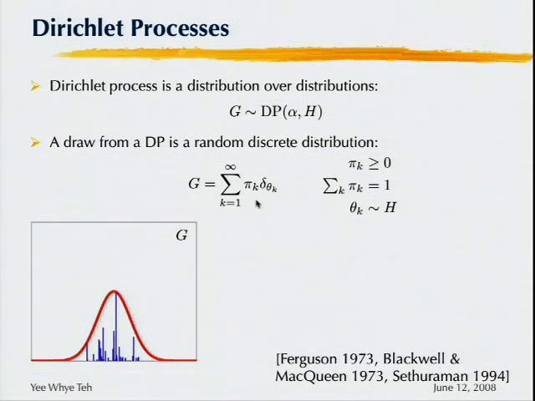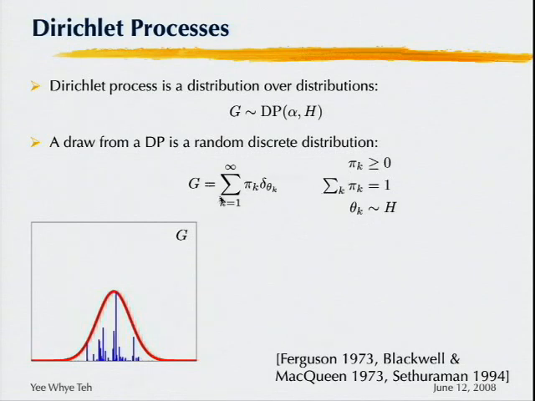You can always write it as an infinite sum of weighted atoms. Delta theta k is an atom located at theta k in the probability space, and pi k is the weight of the corresponding atom. Of course, since G is a distribution, the weights have to be non-negative and sum to 1.